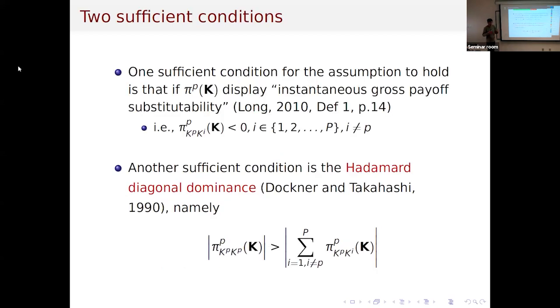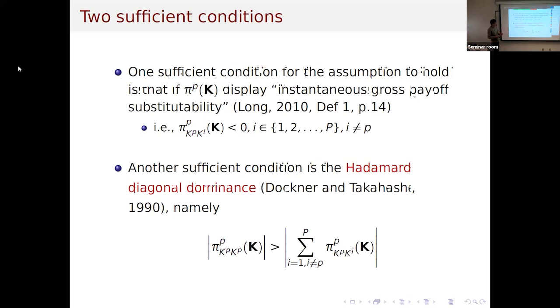Also, we can actually identify two sufficient conditions to make this assumption hold. One sufficient condition is the so-called instantaneous gross payoff substitutability, defined in Professor Van Long's survey book. It basically says this second order effect is always less than 0. Then, given this function is concave in its own capital, we can directly get our assumption.